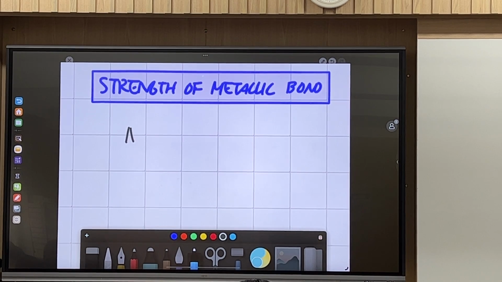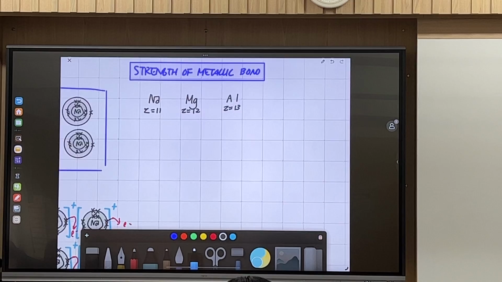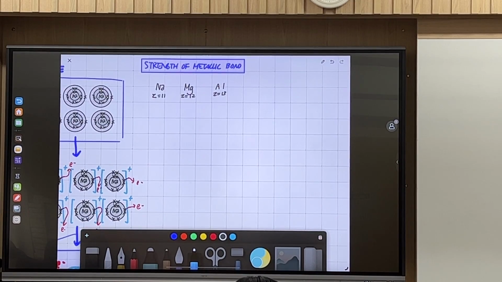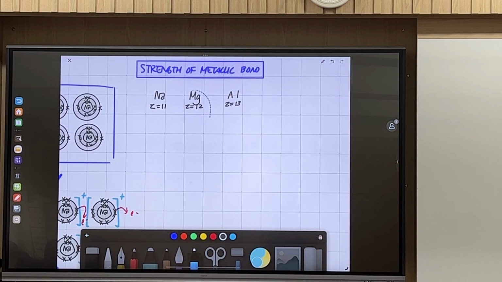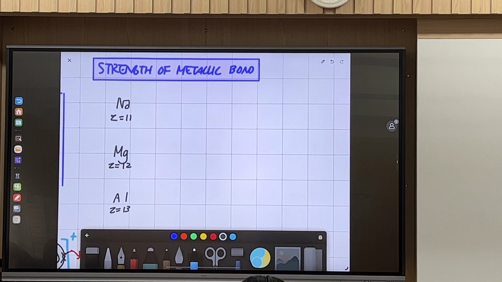When you look at Na, Mg, and Al, Na has 11 electrons, Mg has 12 electrons, Al has 13 electrons. So when they are to form a metallic bond, how many electrons do they want to lose?